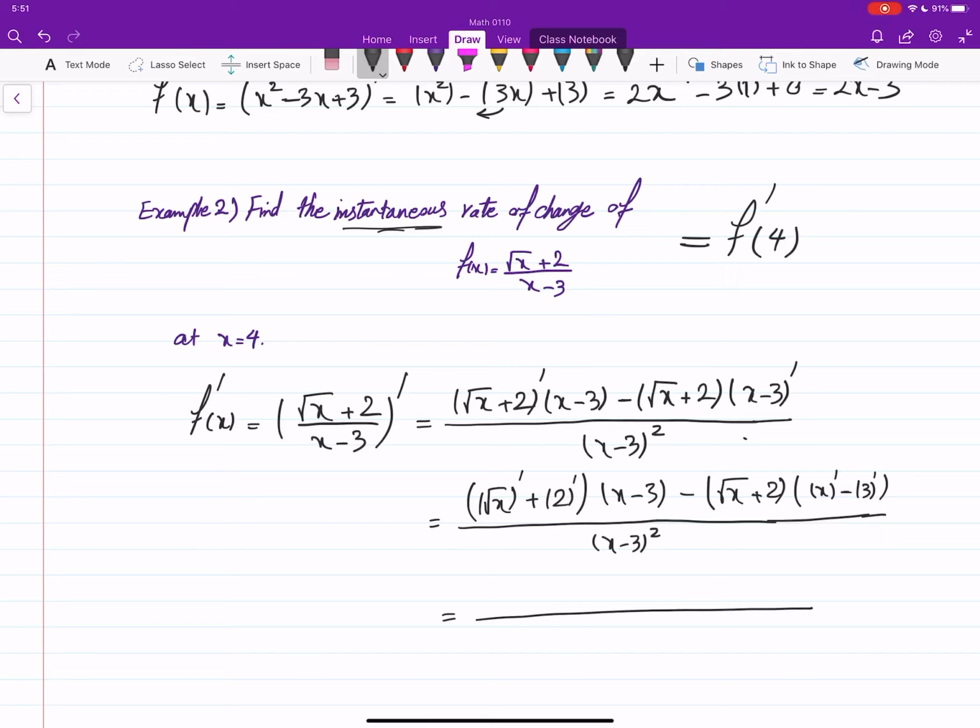Derivative of root x, you can see root x as x to the power 1/2 and then use the power rule. But if you remember, I said to try to remember this rule: the derivative of root x is 1 over 2 root x. Plus the derivative of 2, a constant, is 0. The derivative of x is 1, the derivative of 3 is 0.